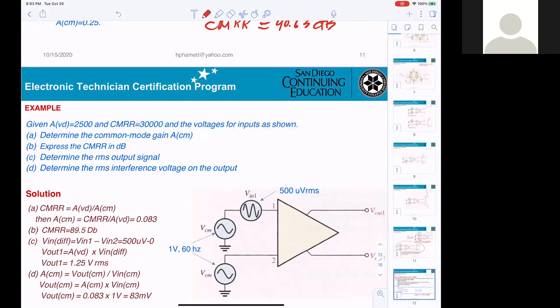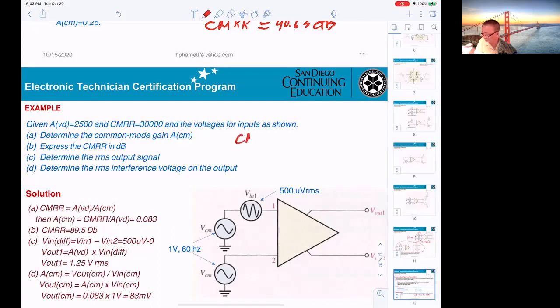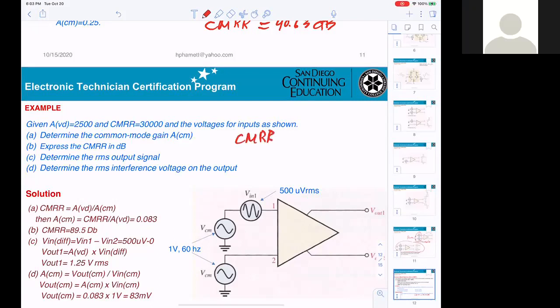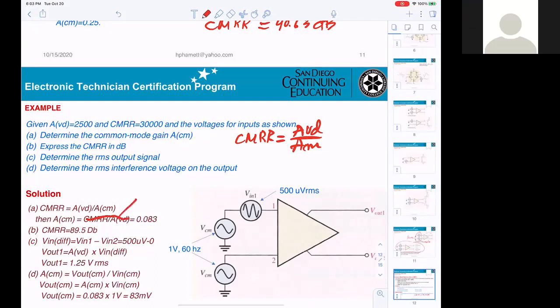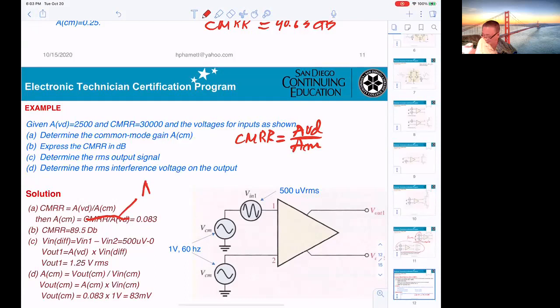CMRR equals AVD divided by ACM, right? Yes. So now you want ACM. Opposite. Right? That's all. Okay. They will be equal AVD over CMRR.